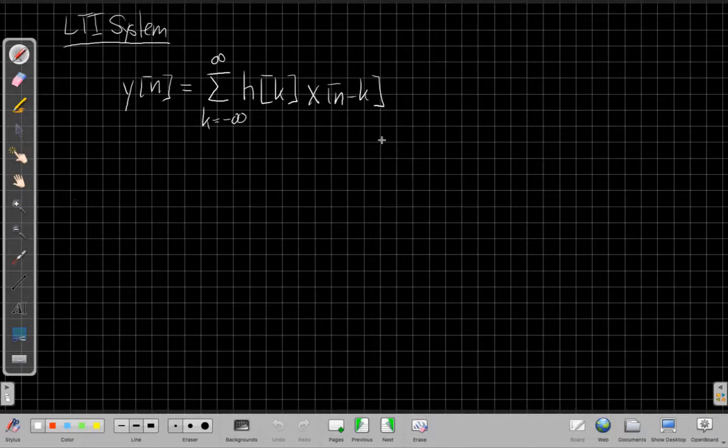We say, well, the condition for stability hasn't changed, right? We have bounded input, bounded output stability.